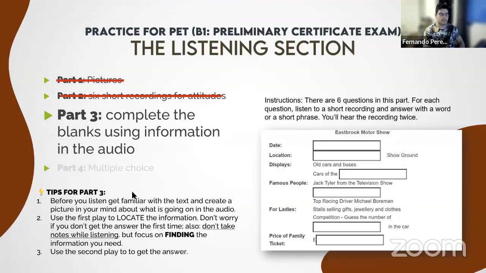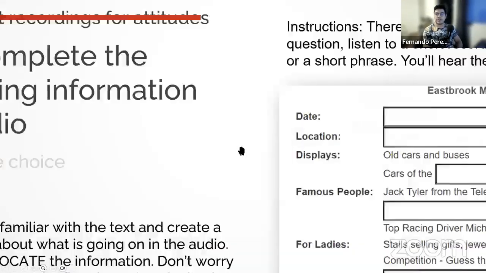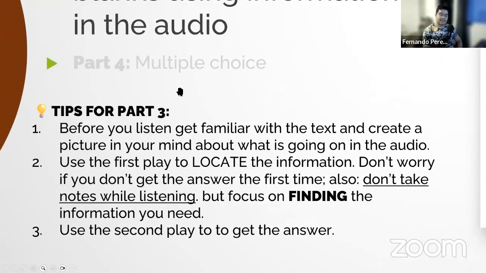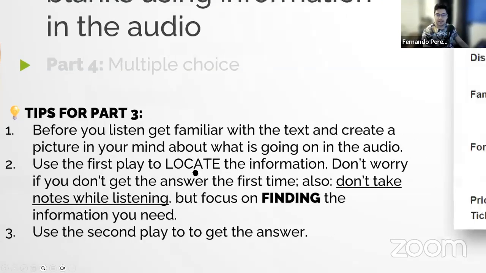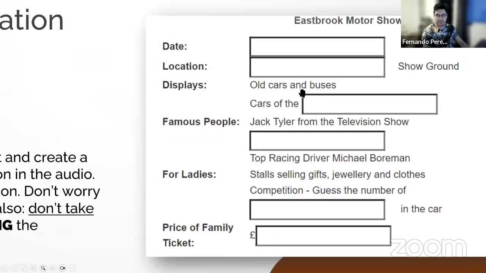Now, tip number 2. So you are going to hear the audio twice. My tip is use the first play to locate the information. Just locate the information. Check when the person is going to give you the answer for the date, the answer for the location, the answer for the different expositions, displays, the answer for famous people.